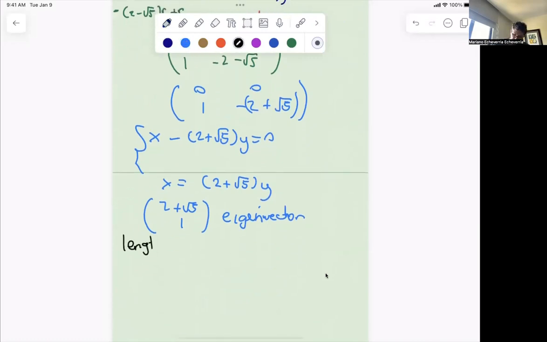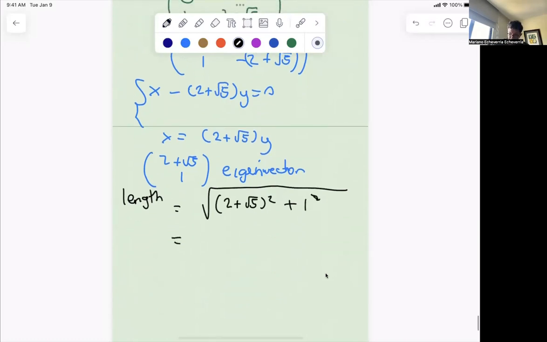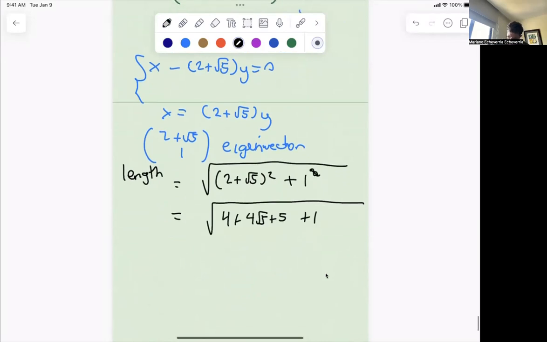The length is the Pythagoras theorem, which is square each entry, and then add them together and take the square root of that. So it's like 4 plus 4 root of 5 plus 5 plus 1. Again, the numbers are a little bit ugly because I'm doing it on the spot.